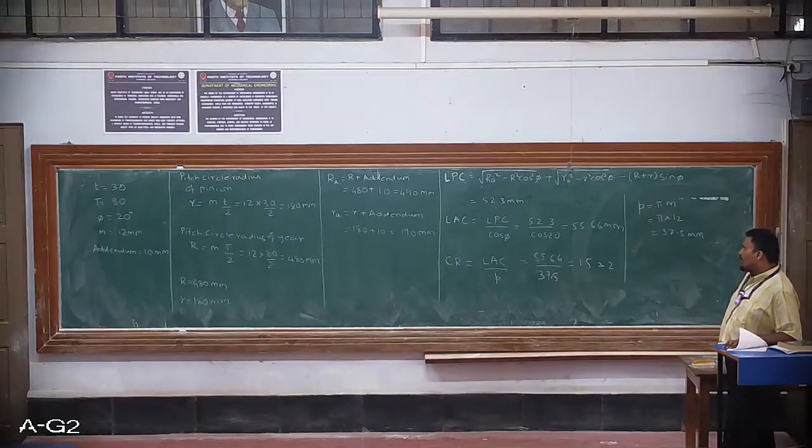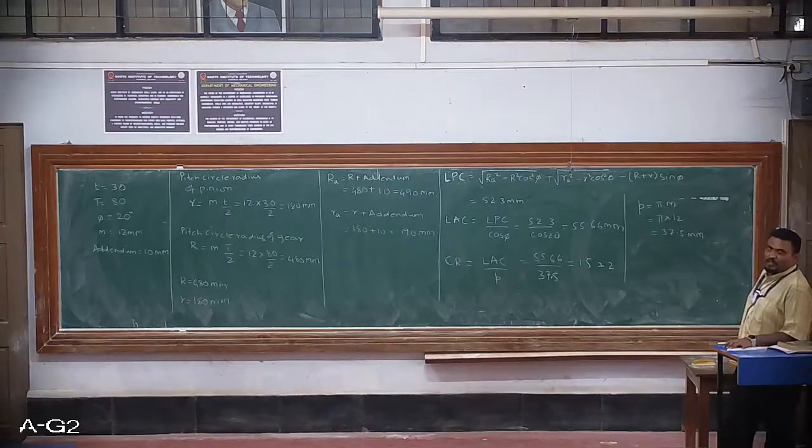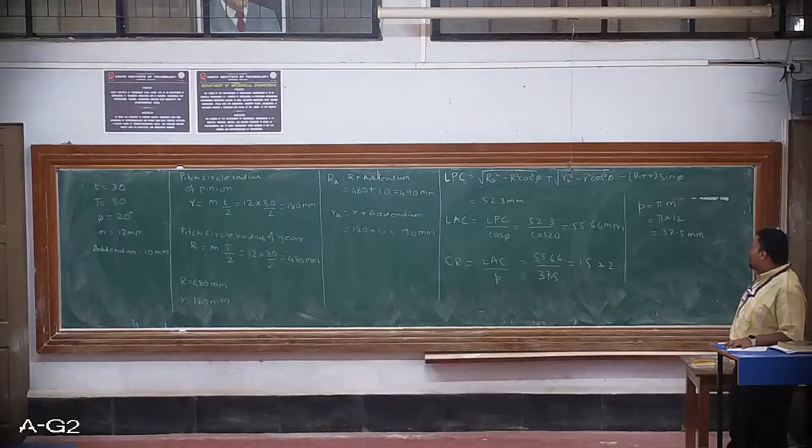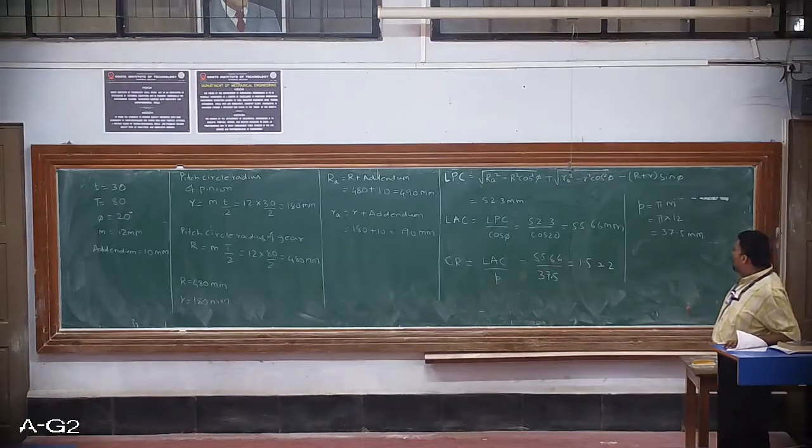Then contact ratio is length of arc of contact divided by the pitch. Pitch is not given, but module is given, so pitch can be calculated as pi into module. That is 3.142 into 12, which comes to 37.5 mm. Substitute 37.5 mm in the denominator, and in the numerator will be length of arc of contact, 55.66 mm.